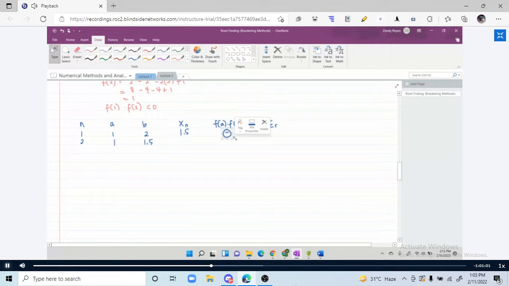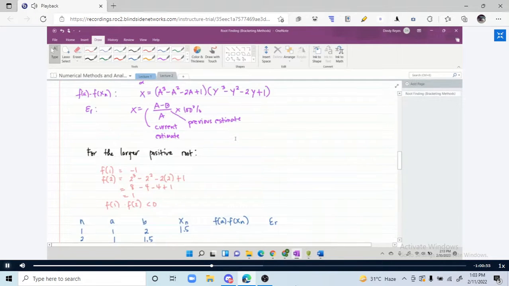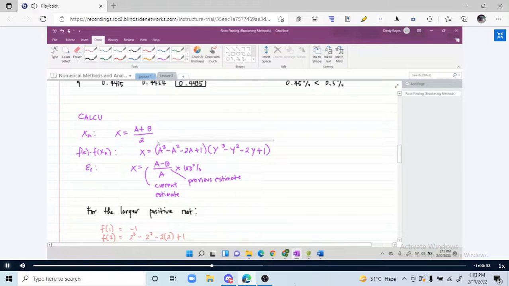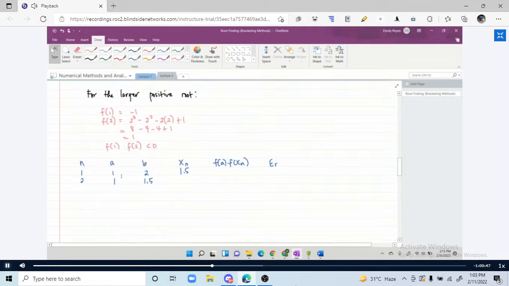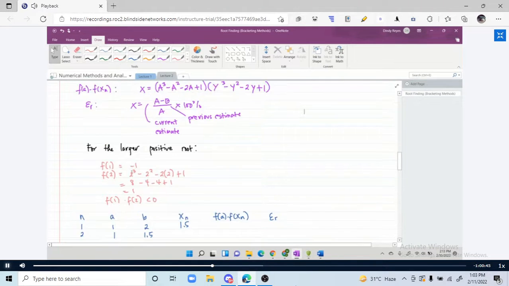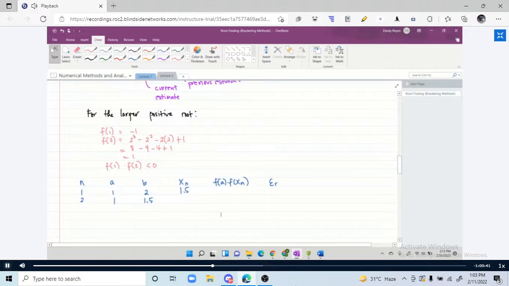Ibig sabihin ito, there's something wrong with this. Paki-check, bakit ganun? Di ba naka-enter na to sa calculator ninyo? So, A is 1, and then B is 1.5.